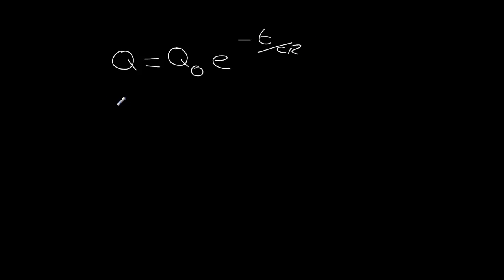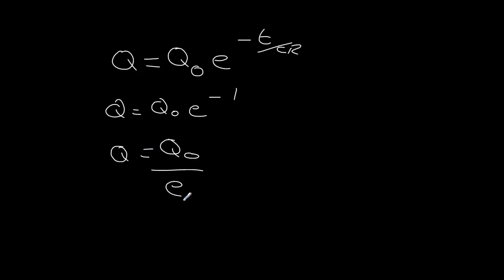So that gives us Q equals Q0 e to the minus 1, and that can be written as Q equals Q0 over e.